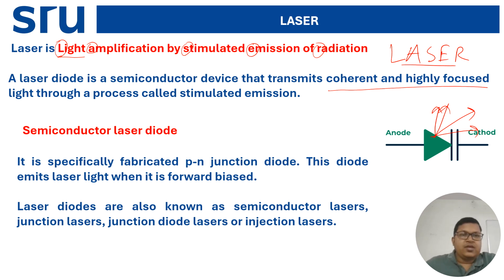The process by which we get this kind of light emission is called stimulated emission. We will see later in this video that stimulated emission is a type of emission forced by some light or some external excitation, so that the diode emits photons, which become light if in the visible range.